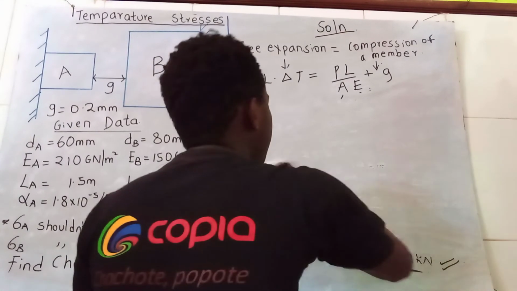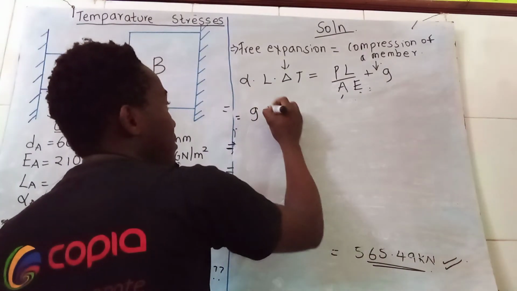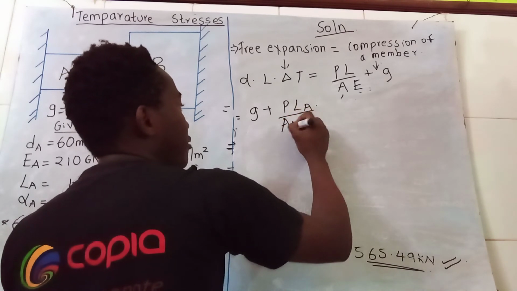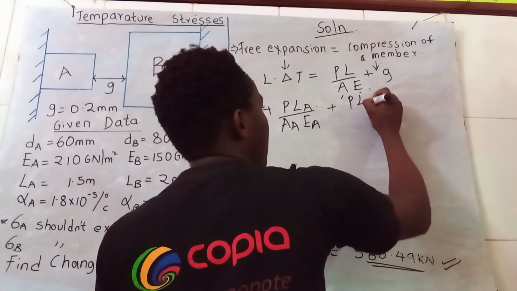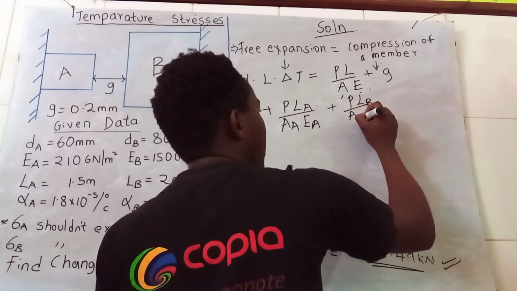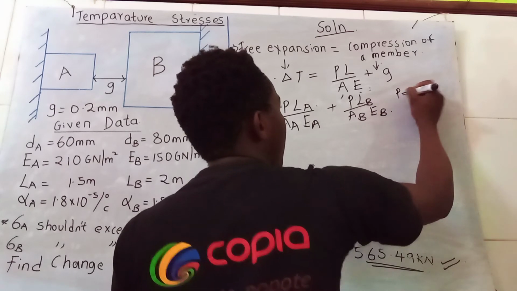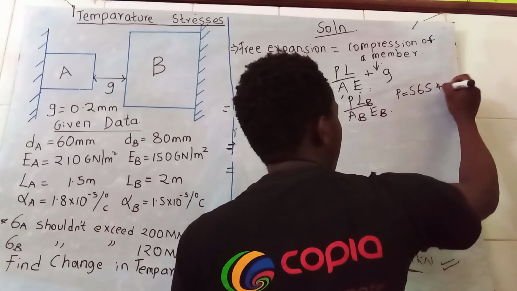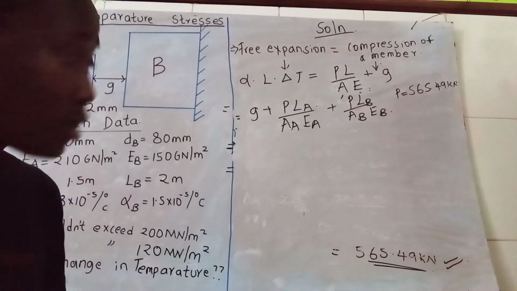Therefore, the formula that I had was the gap equals P L_A over area of A times E of A, plus P L_B over area of B times E of B, whereby the value for P is 565.49 kilonewtons.